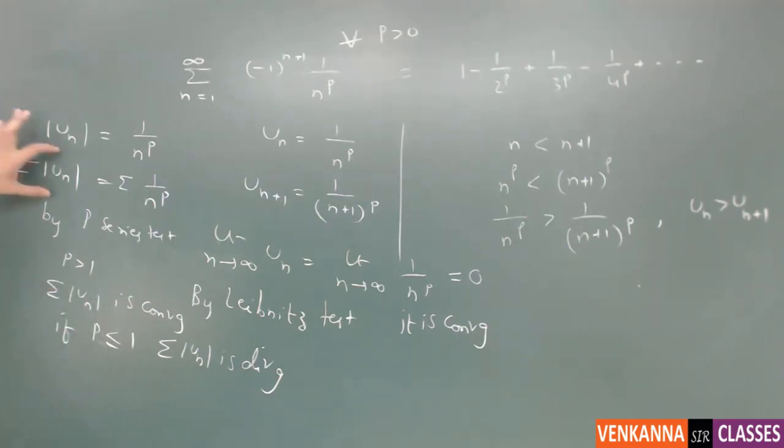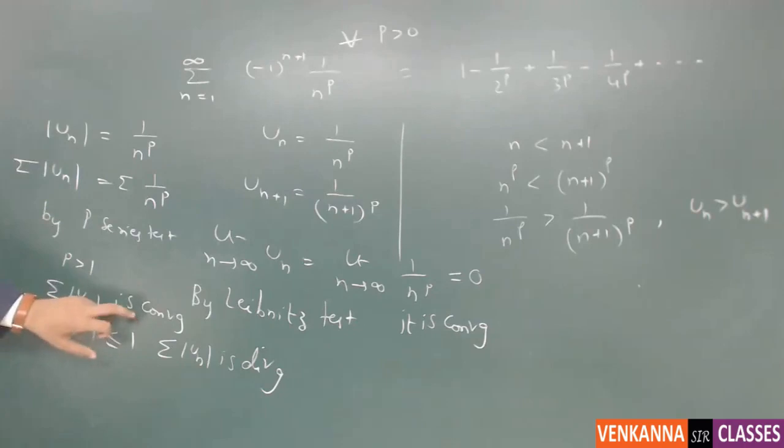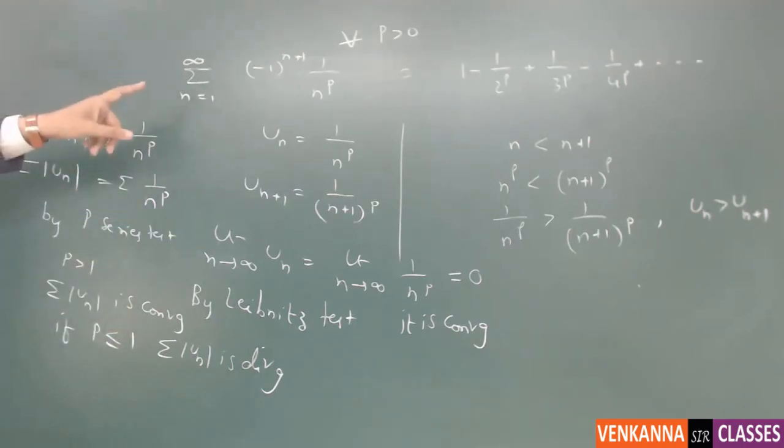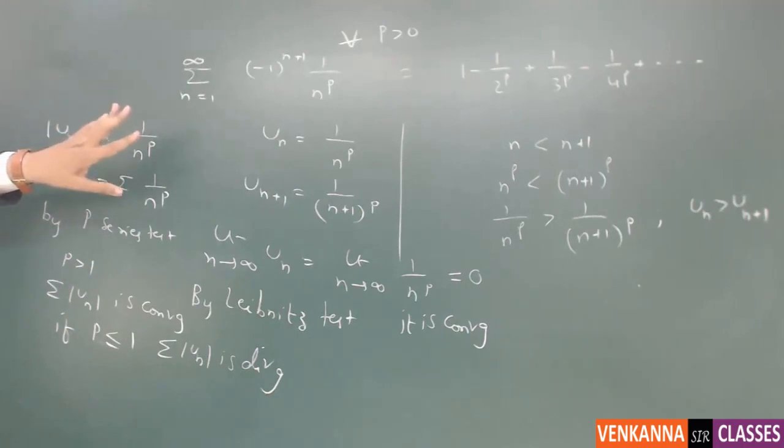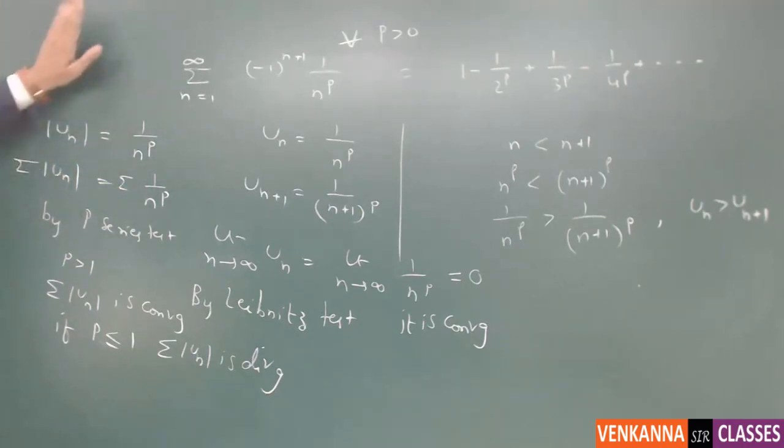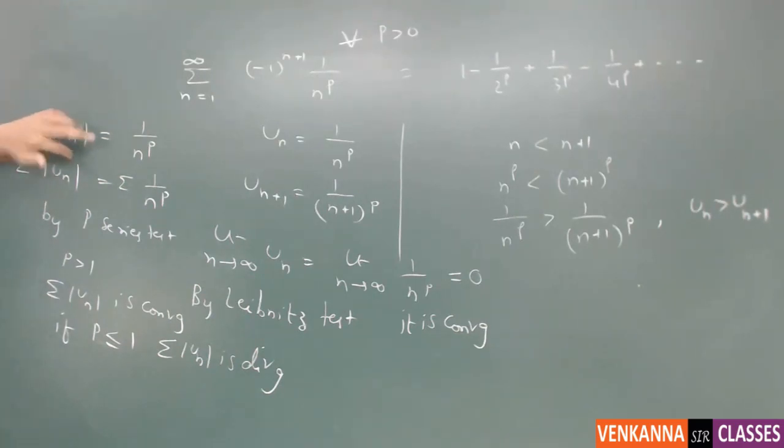So if you are putting modulus, it is becoming divergent for some values of p. But if you remove modulus, it is becoming convergent. So here we say that the series is conditionally convergent, because whenever you are putting modulus, it is becoming divergent for some instances of p. Okay? Are you getting?